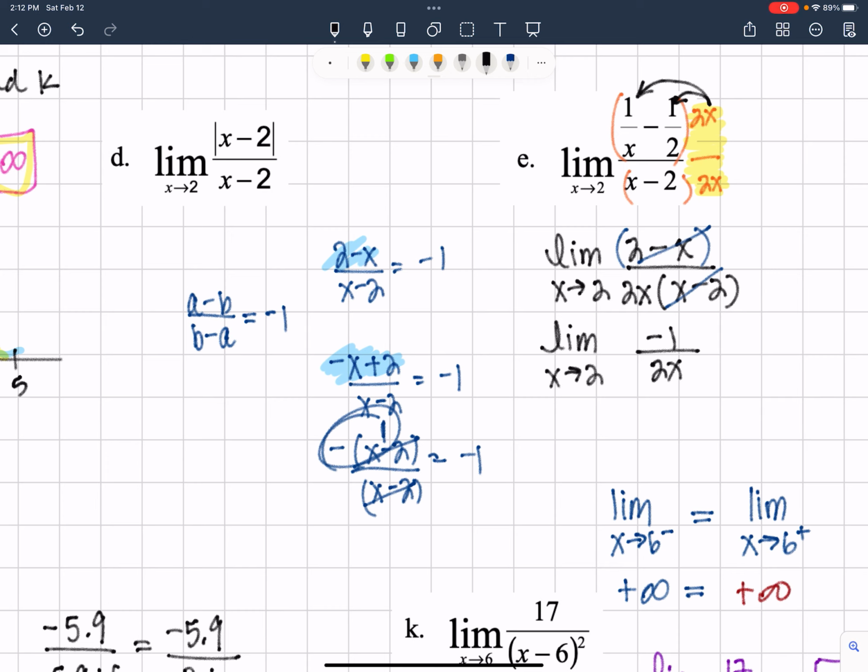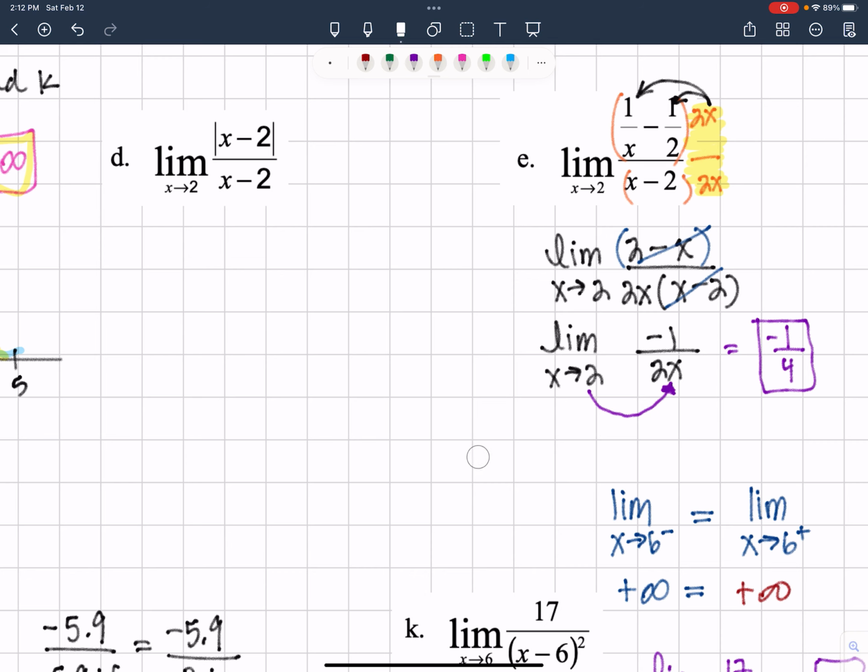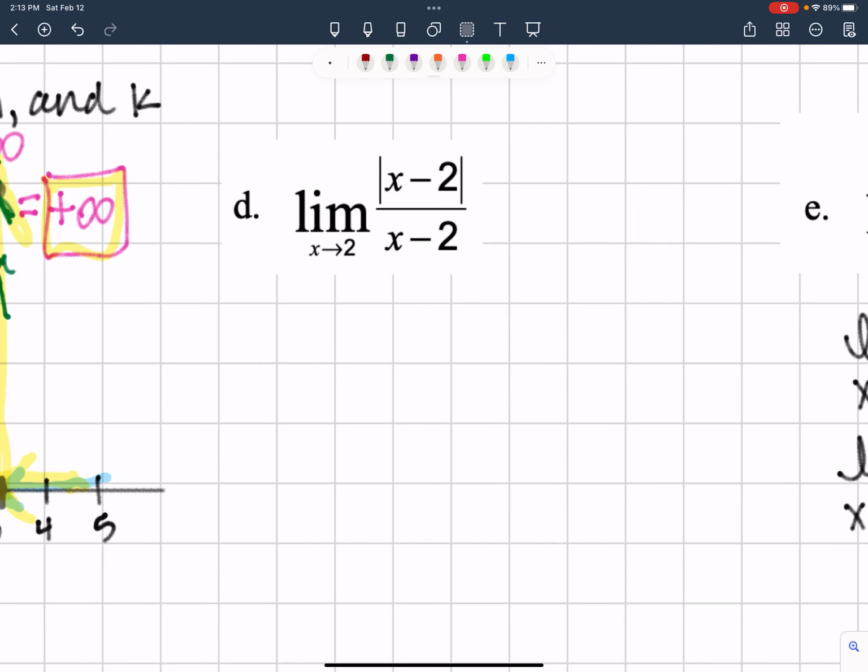Once I simplify it, I can try direct substitution. And if direct substitution works, then we don't have to worry about the limit from the left and the limit from the right. I'm going to put that 2 in there, and look at that, -1/4. That's beauty, art, right there, okay? In the last video that I do regarding limits for this review, I'm going to come back and do this problem right here.